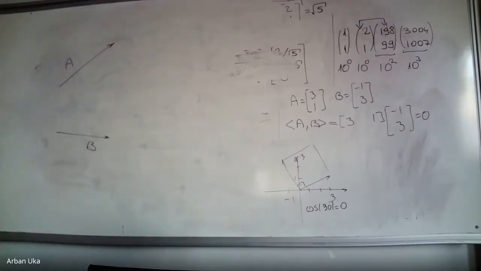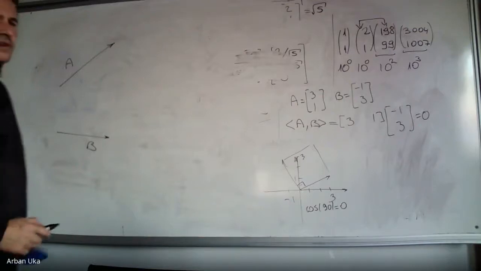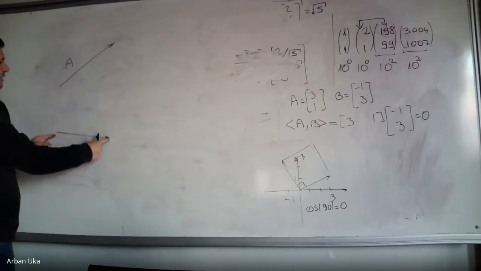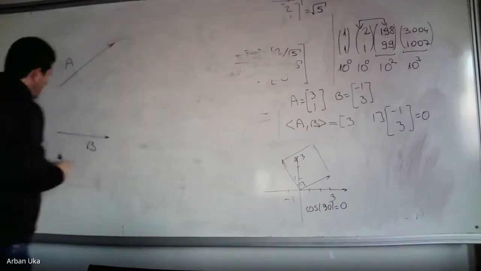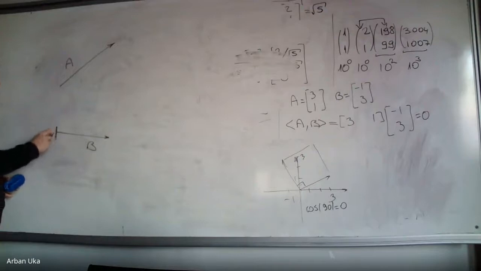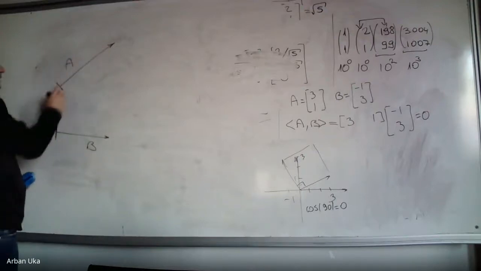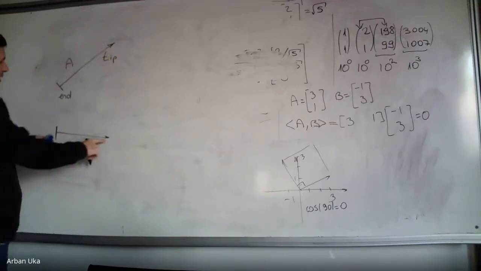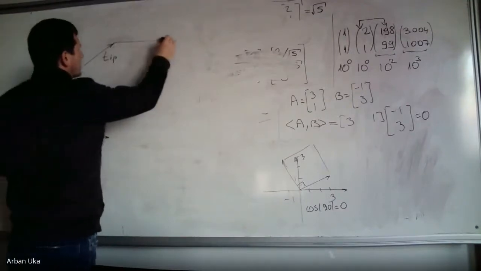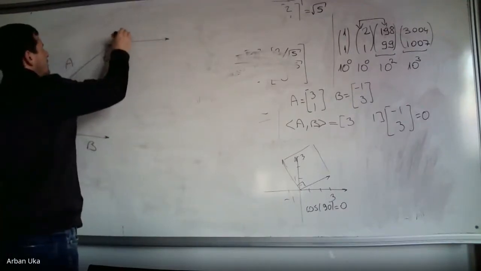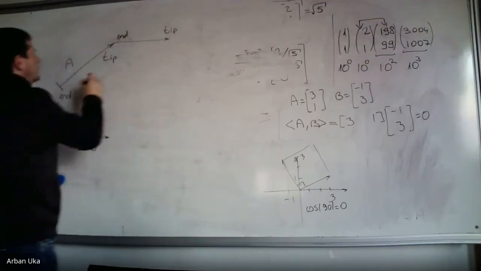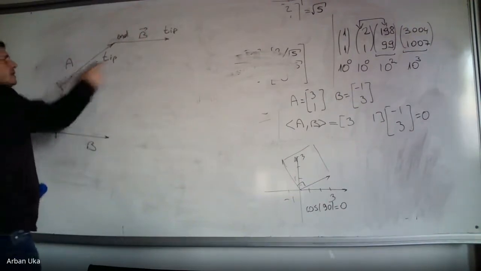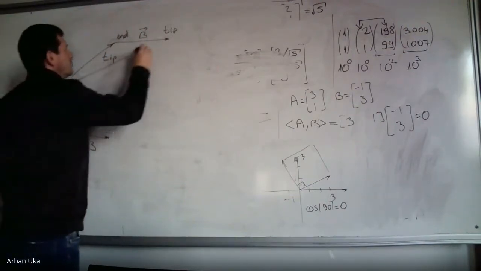All we do is put the vectors one after the other. We can carry this vector from here and bring it right here, but we have to bring the end of vector B to the tip of vector A. So this is the end of vector A, this is the tip of vector A, and we carry B like this. This is the end of vector B, and this is the tip of vector B. Adding them up together will result in a vector from the end here to the tip of the last vector. So here we have A plus B.